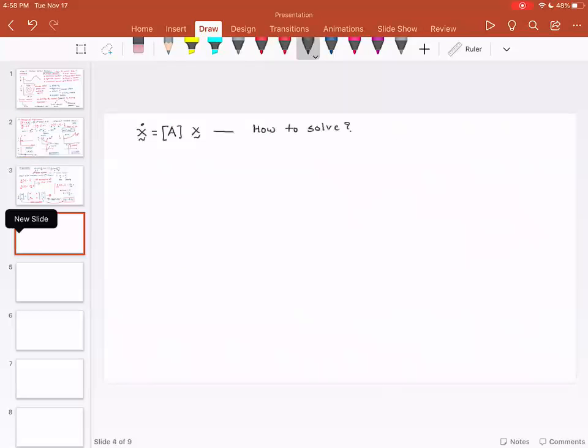In this particular case, we have a matrix. So I'm going to take a matrix exponent. So it's going to be the matrix exponent e to the A times t, multiplied by the value of X naught at time t equal to 0. So this is the initial condition.